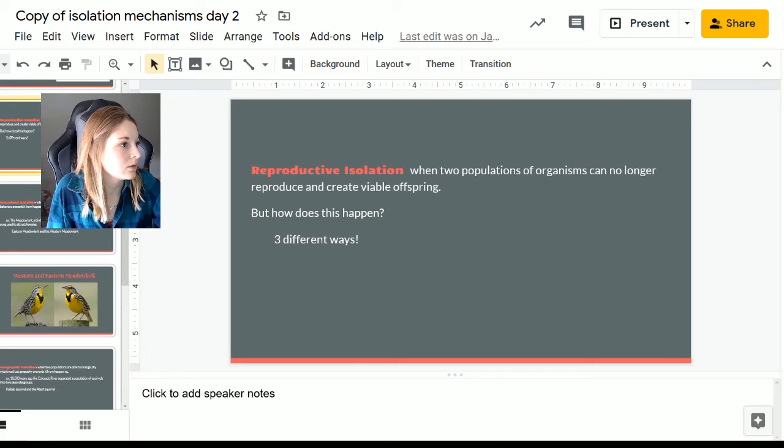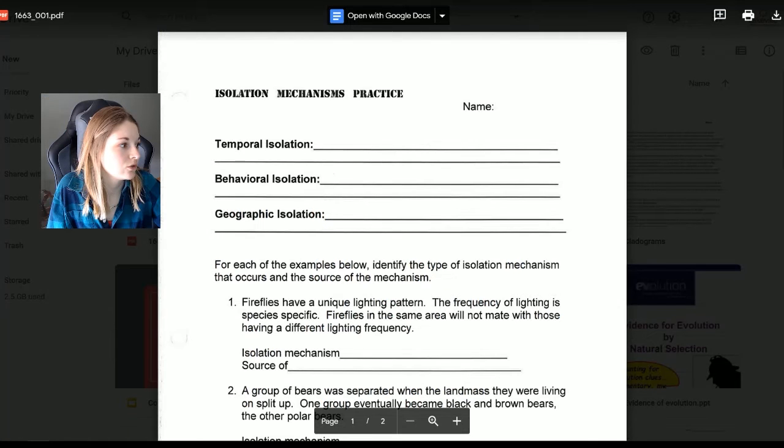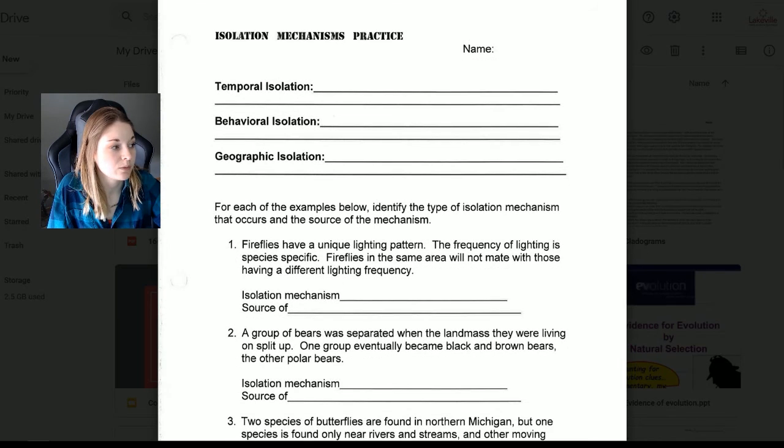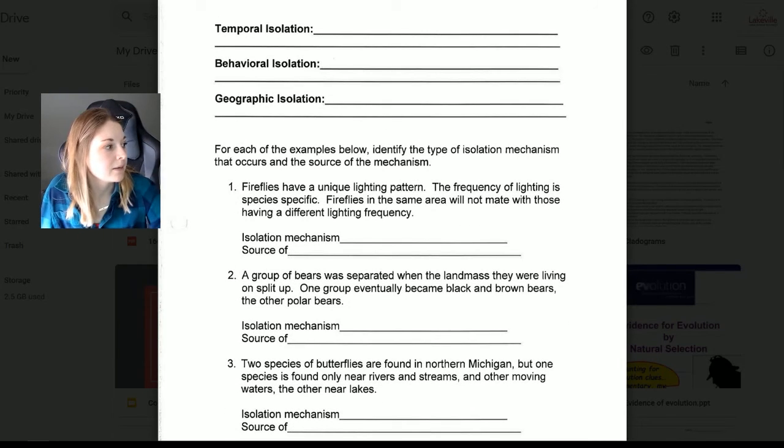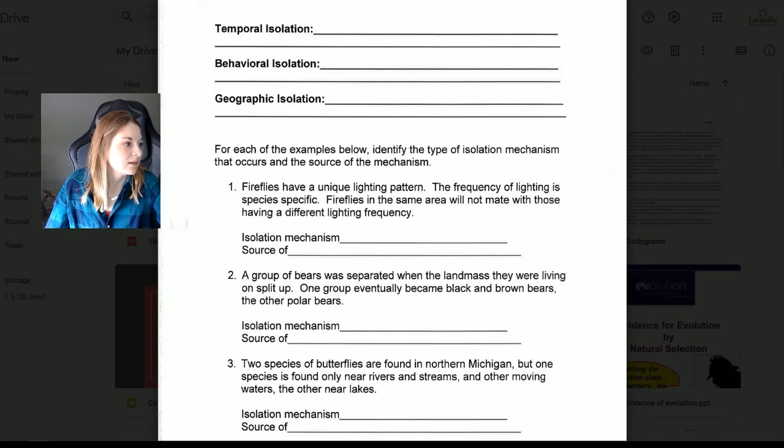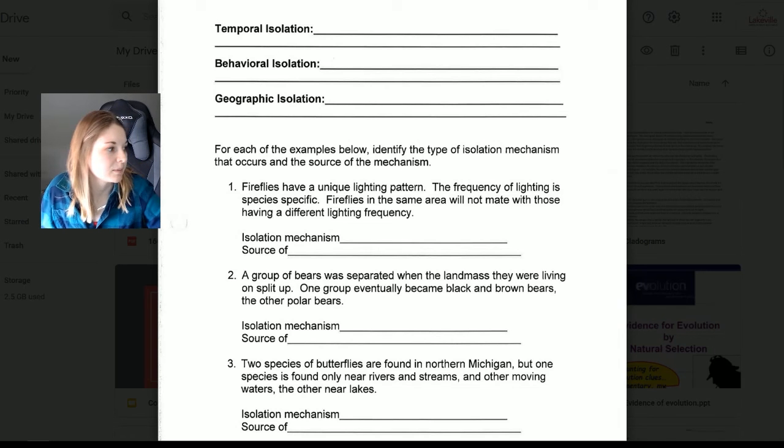That should be enough information for you to work through this. Again, I'm just looking for definitions up here, and then you're reading each of these. So this first one I'll do for you. It says fireflies have a unique lighting pattern. Frequency of lighting varies and is species specific. Fireflies in the same area will not mate with those that have a different lighting frequency.